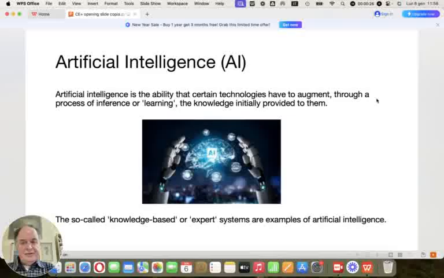Artificial intelligence is the ability that certain technologies have to augment, through a process of inference or learning, the knowledge initially provided to them. The so-called knowledge-based or expert systems are examples of artificial intelligence.